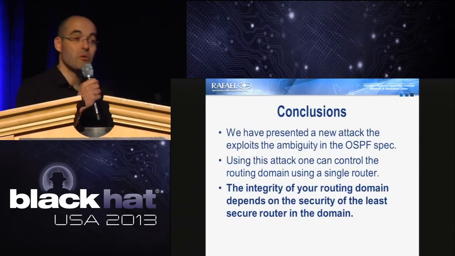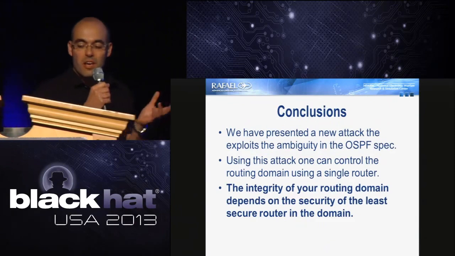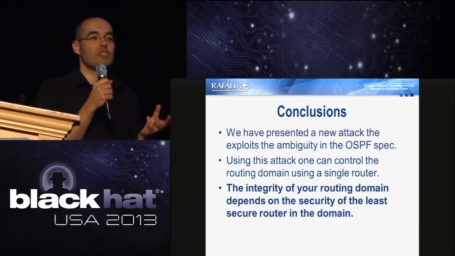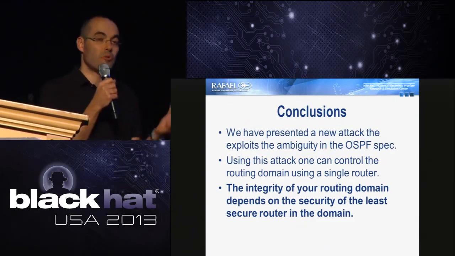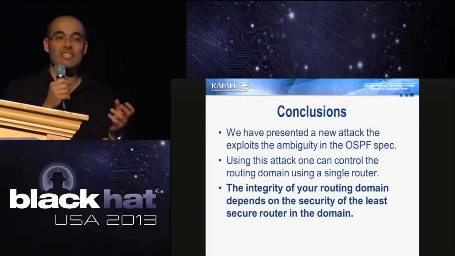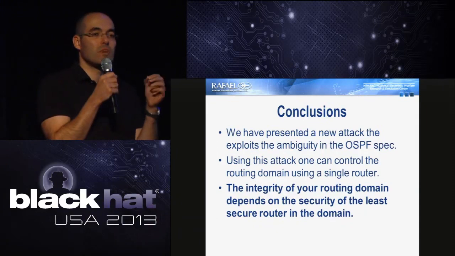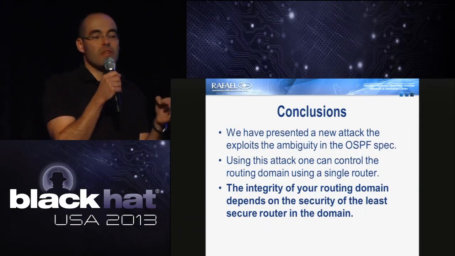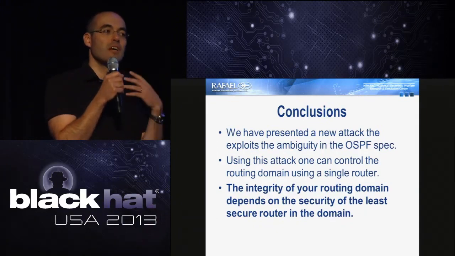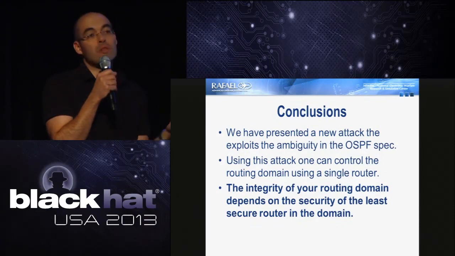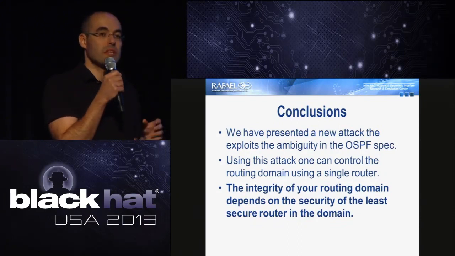Okay, so to conclude, what I've presented here is a new attack on the OSPF routing protocol. Using this attack, if the attacker can compromise just a single router within the autonomous system, it can compromise all the routing tables within that autonomous system.